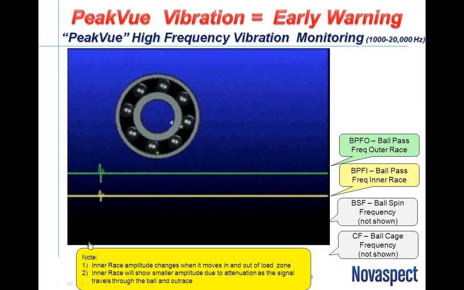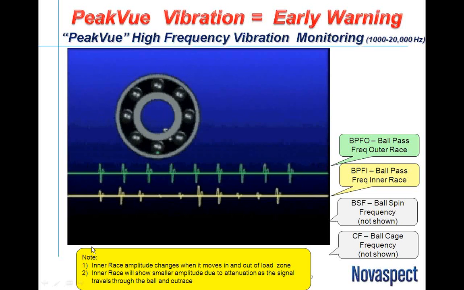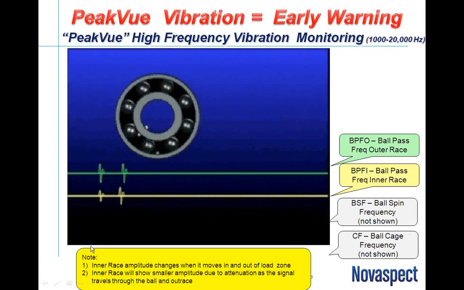So here you see the vibration occurring, and what we're seeing there is a defect on the inner or outer race, creating a small impact. And the significance here is the characteristic of this vibration. It's an impact, or a sharp spike.